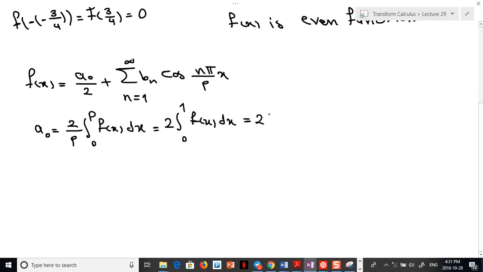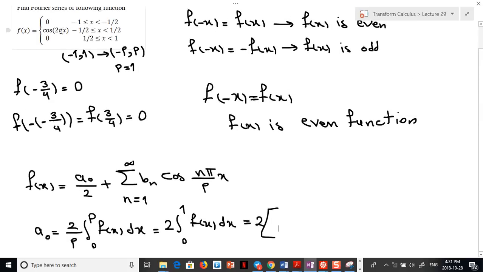It's equal to 2 times. If you look at the function, if x is between 0 and half, we have one equation, and from half to 1, the function is equal to 0. As a result, I have to split the integral into two integrals.